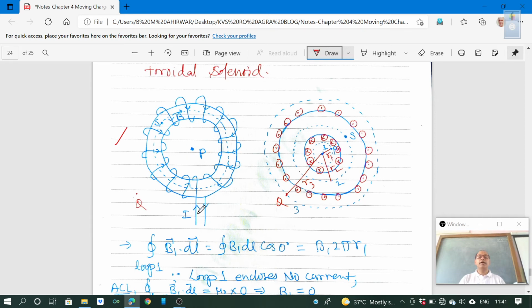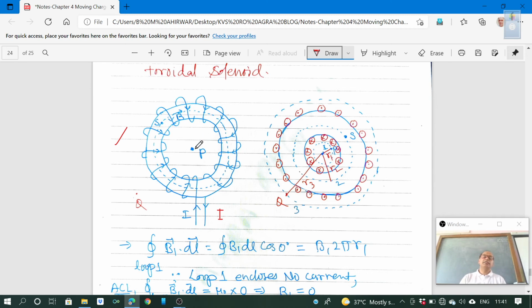In this diagram we can say this is a hollow cylinder which is bent into a ring, and these are the insulating wire wound over the ring.